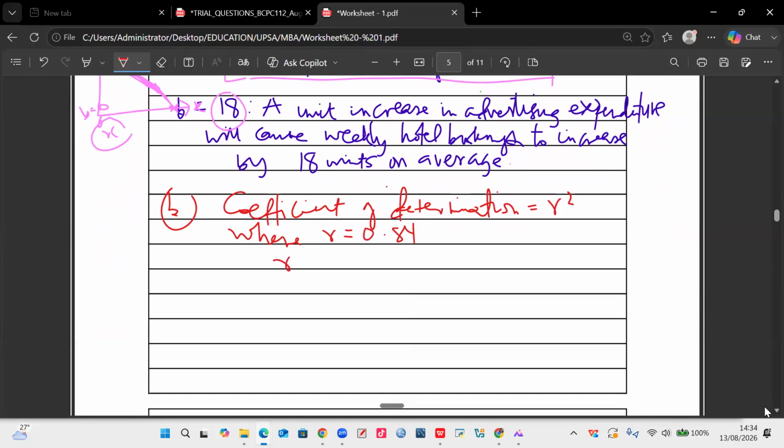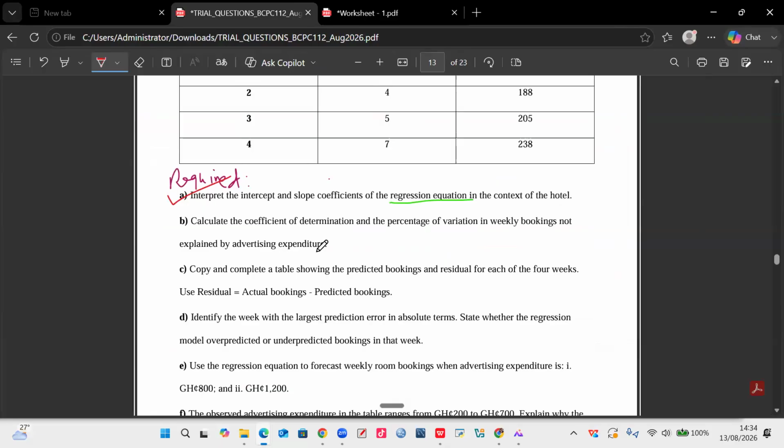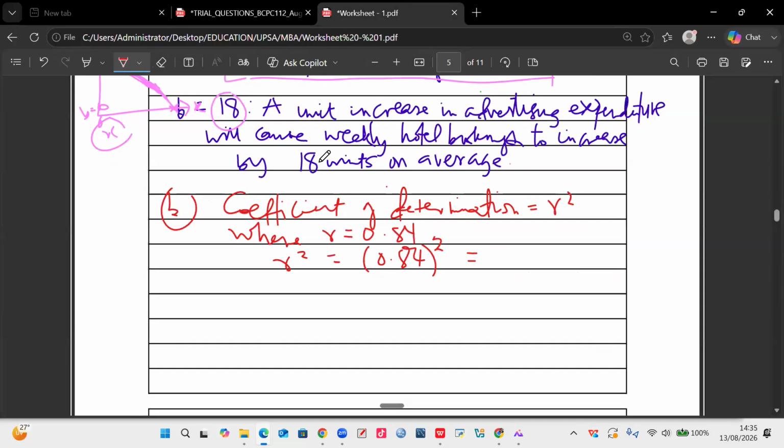So R squared, which is the coefficient of determination, will be 0.84 squared. What do we have? The calculator. Okay, so 0.84 squared is 0.7056. 4 decimal places.